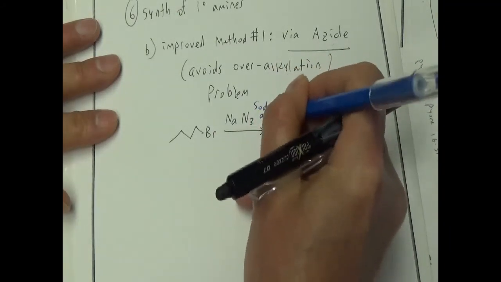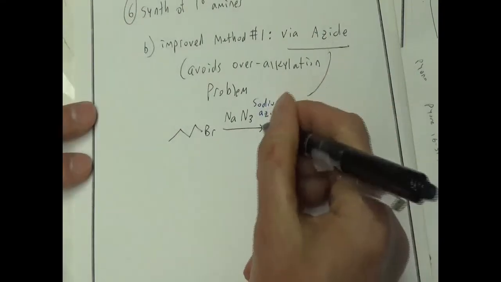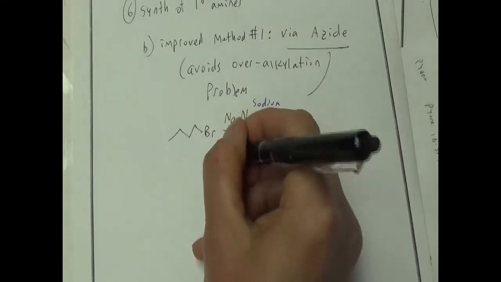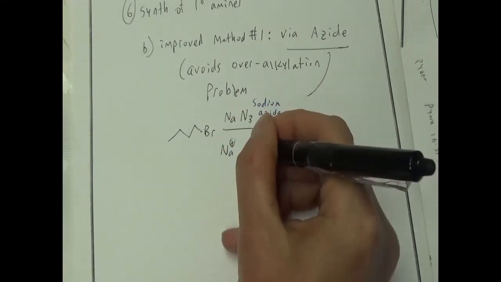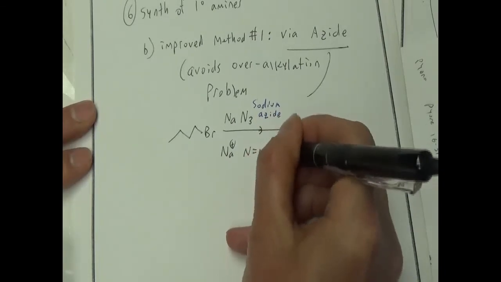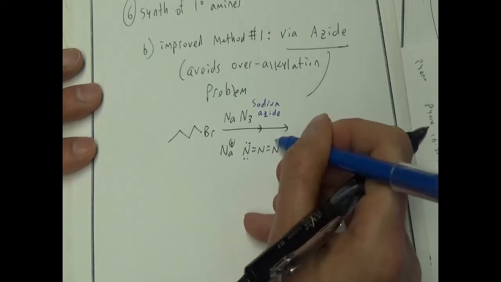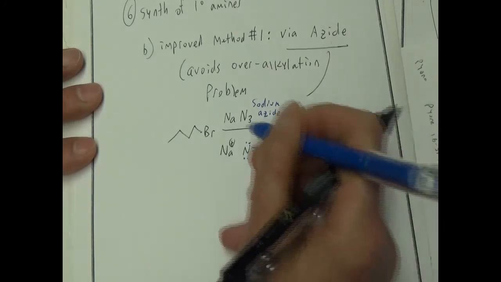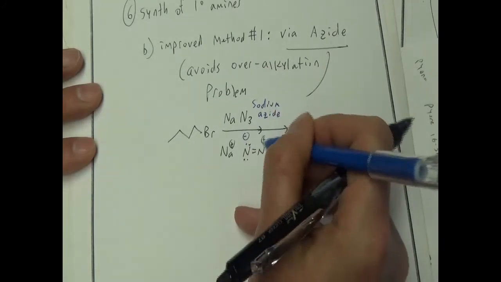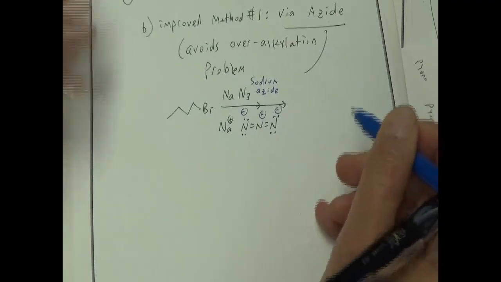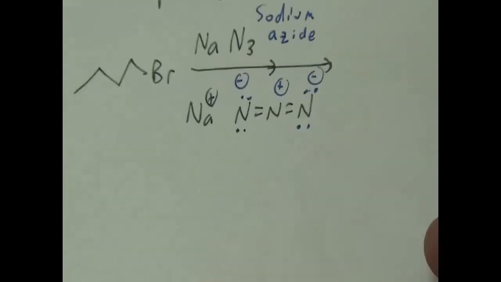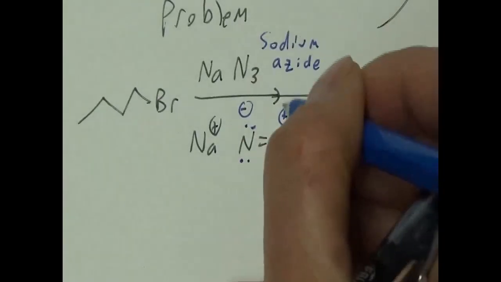Of course that's Na plus, N double bond N double bond N, with the lone pairs, negative, positive, negative. That's azide.